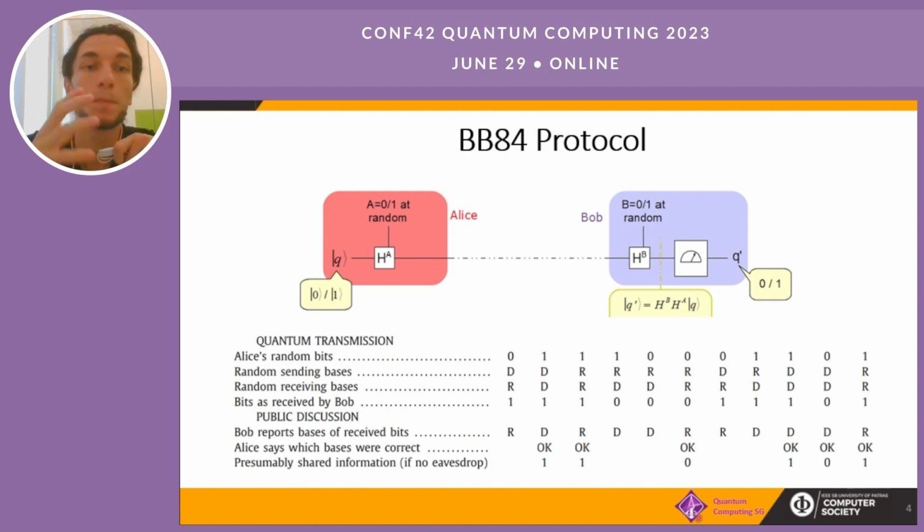gate. Bob, on the other end of the channel, receives these qubits and decides at random whether to apply on each of them a Hadamard gate or not, before measuring it and collapsing its state into a classical 0 or 1, a classical bit.